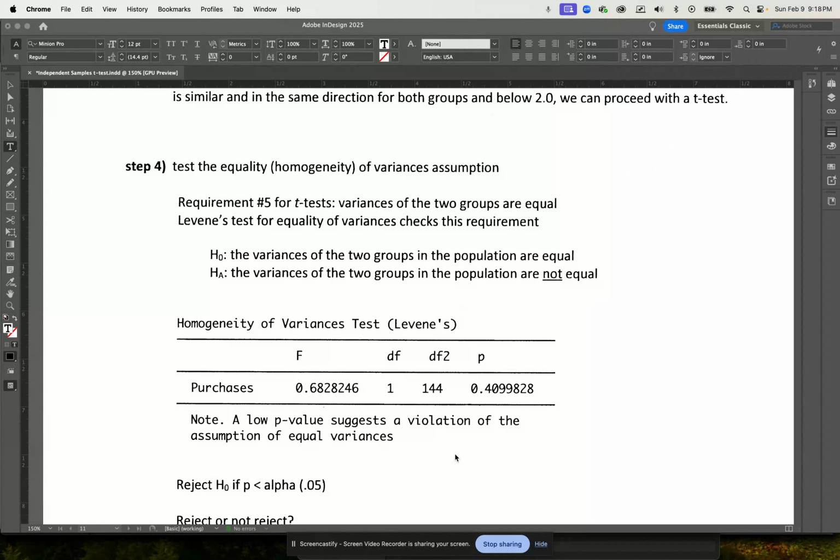And just like the t-test, we look at the p-value, and if it's lower than the alpha, then we reject it. In this case, our p-value for the Levene's test is 0.4099828. So we're not going to reject the null hypothesis. The variances of the two groups in the population are equal.